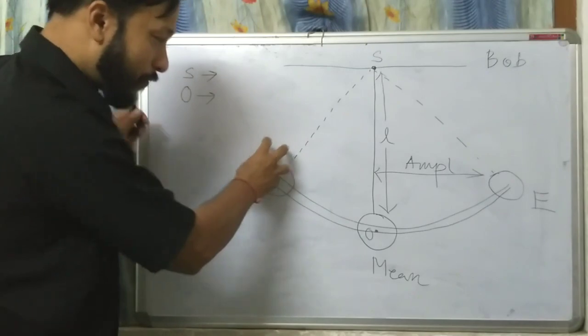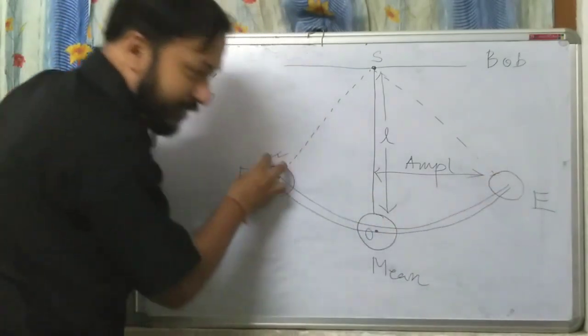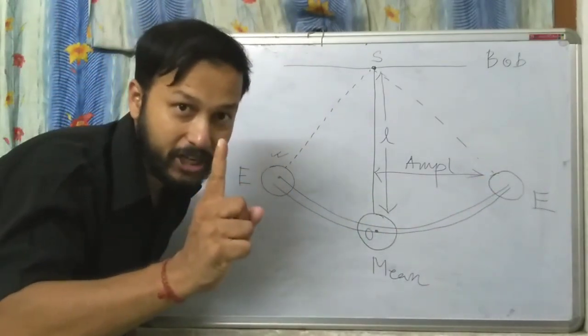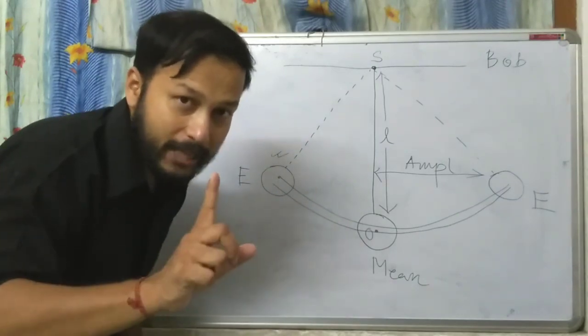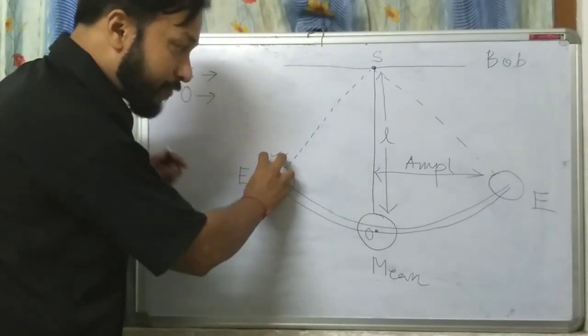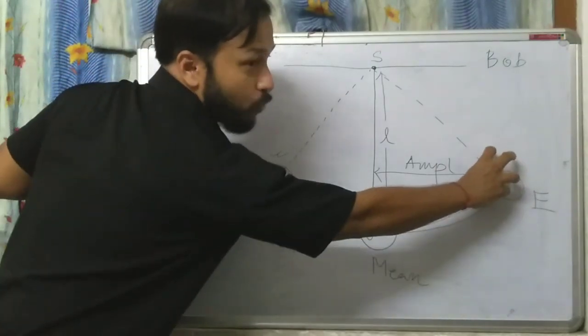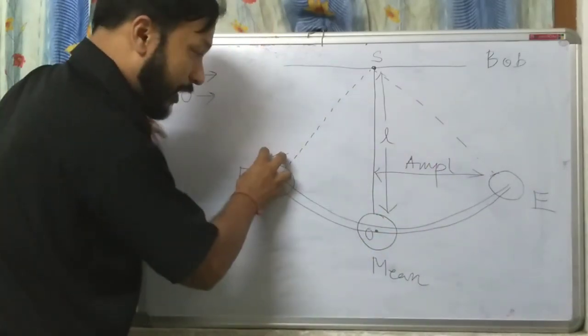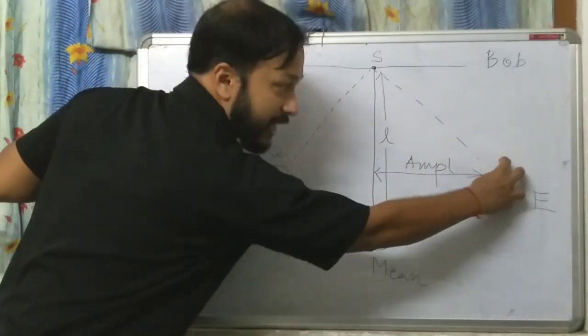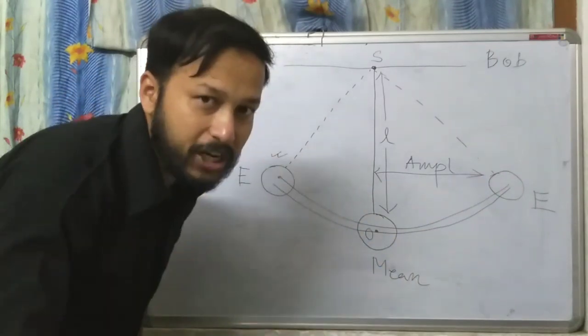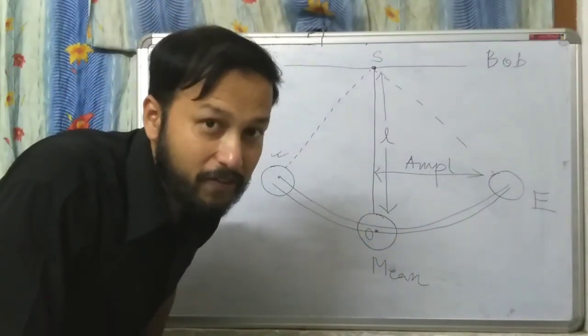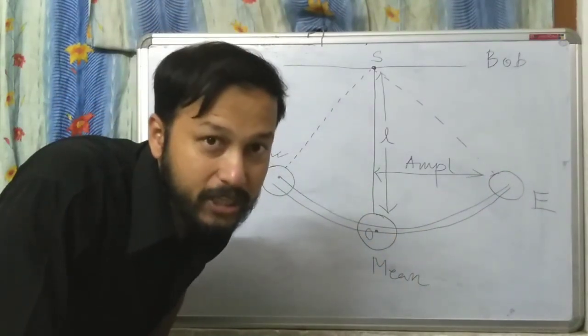Then it is one oscillation. It's not that it's starting from here, it is going there, means one oscillation. No. If it is starting from here and reaching there, means half oscillation.